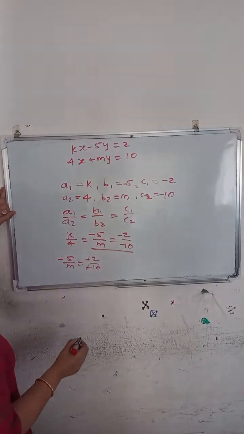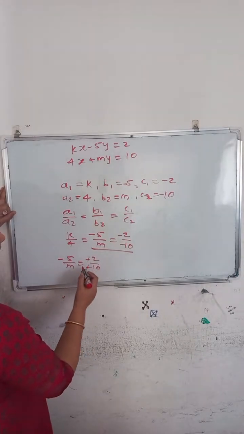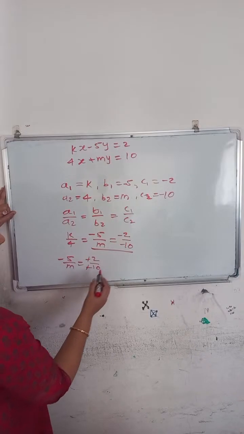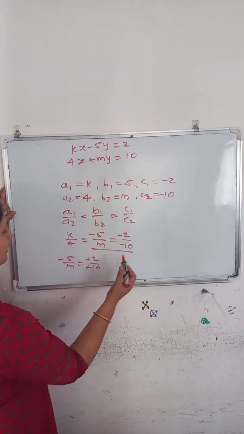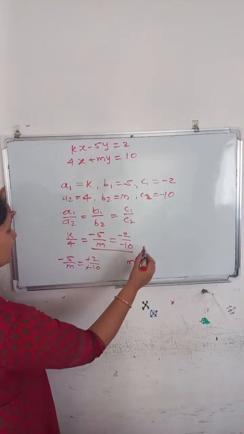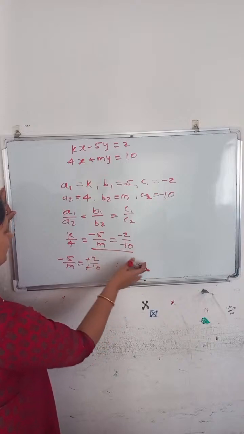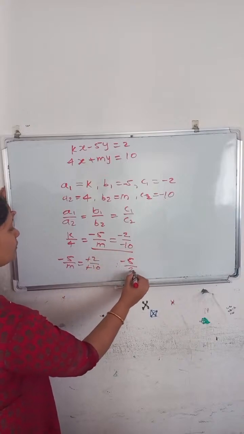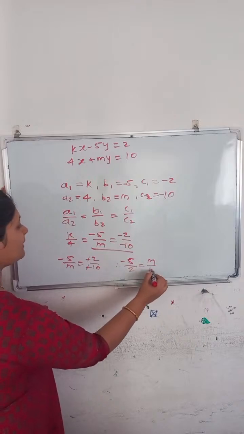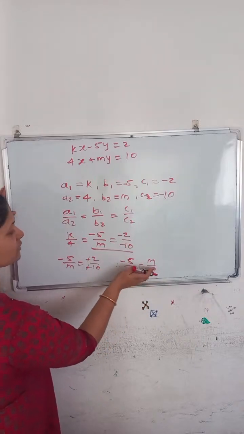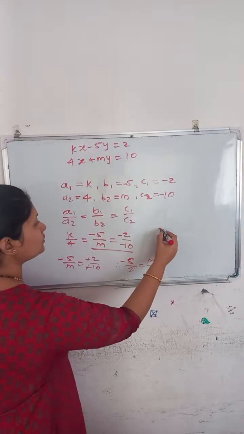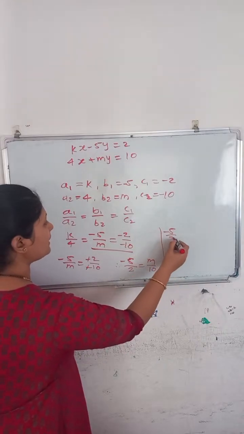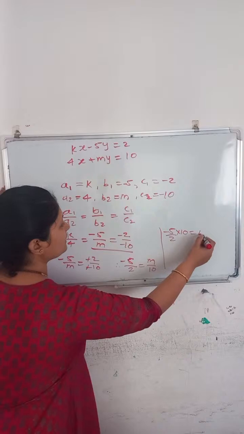Minus minus get cancelled, and here I want to find the value for m. So I will take a cross multiplication, and transpose, so I can write minus 5 by 2 multiplied by 10 is equal to m.